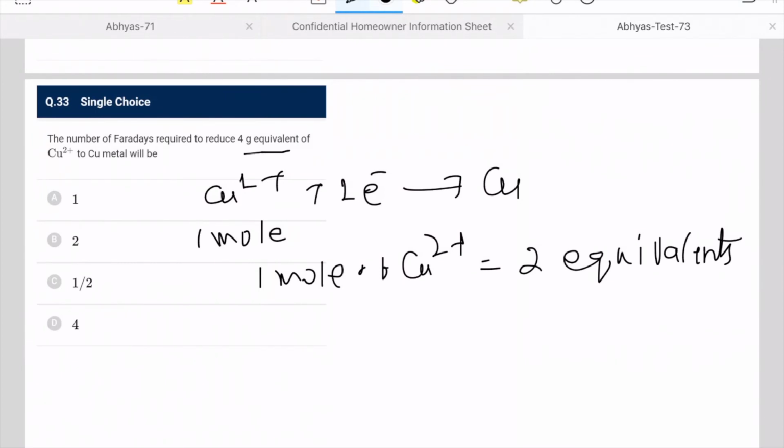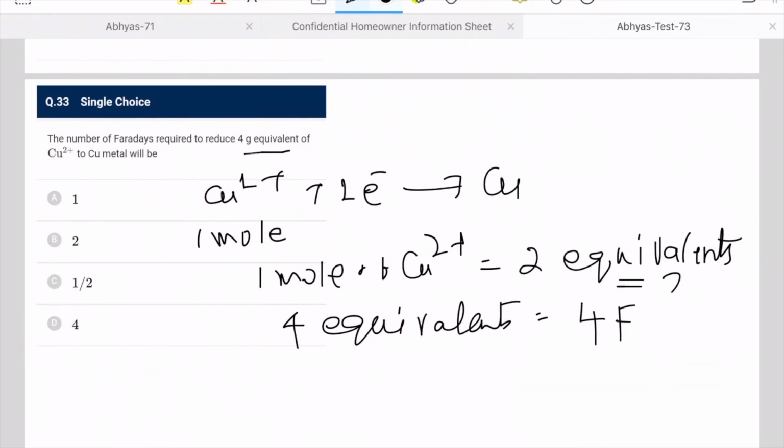So 2 equivalents will need 2 Faradays, and 4 equivalents will need 4 Faradays. So the fourth is the correct option.